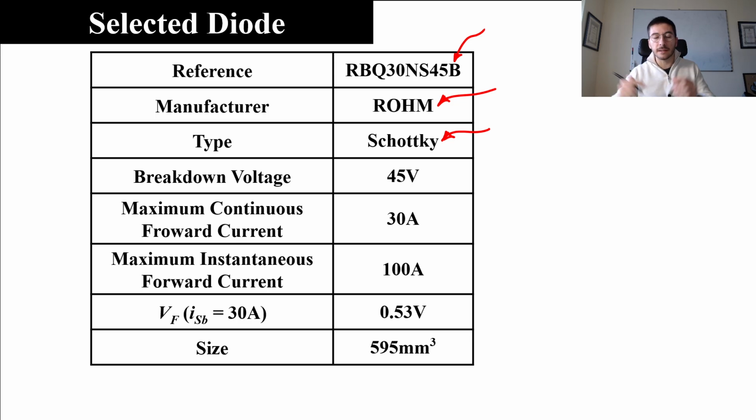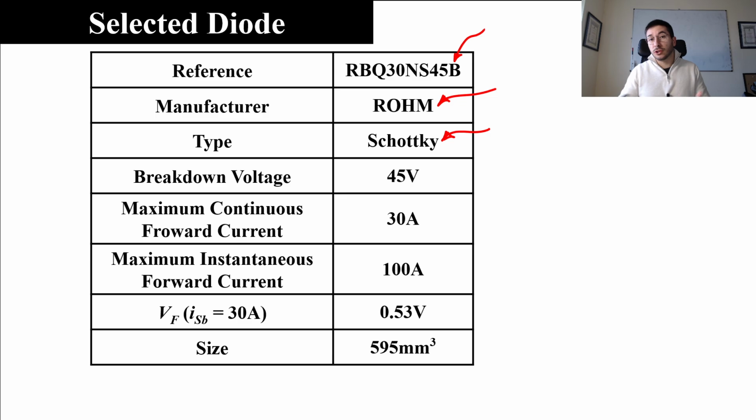Okay, in general, turning off a diode could be a problem. It's not ideal. But if you use Schottky diodes, you will minimize that drawback. This is something that we will see in future videos when we simulate the circuit. But the good point is that Schottky diodes minimize the conduction losses because the forward voltage drop is small, and moreover they minimize that problem during the turn off of the device.